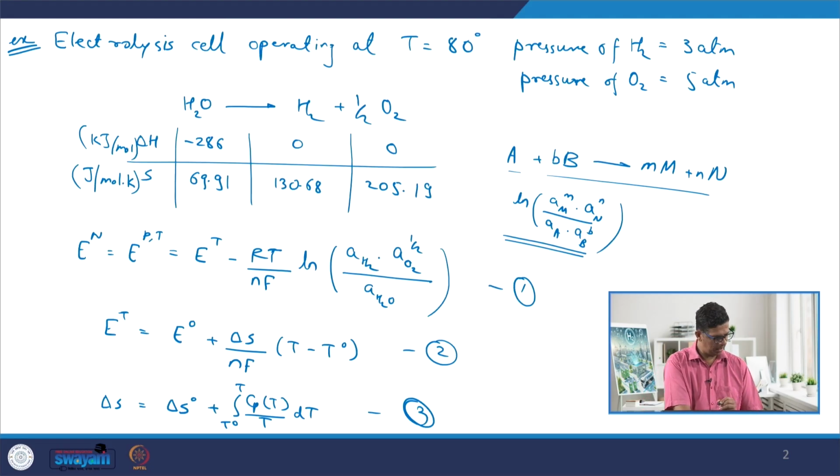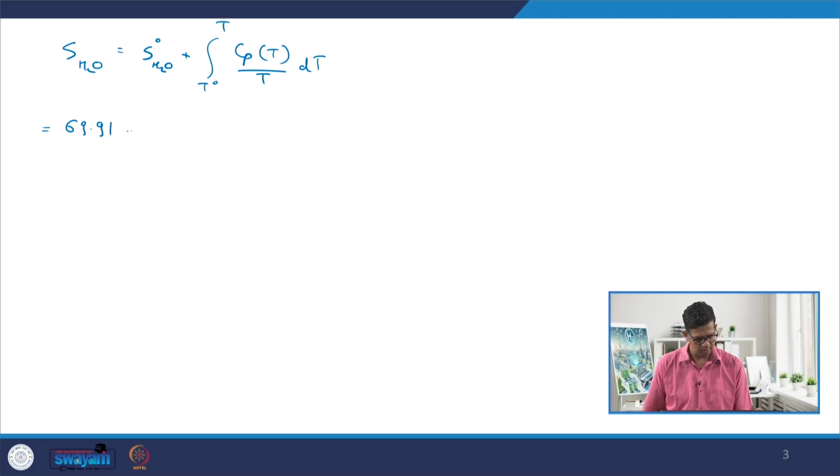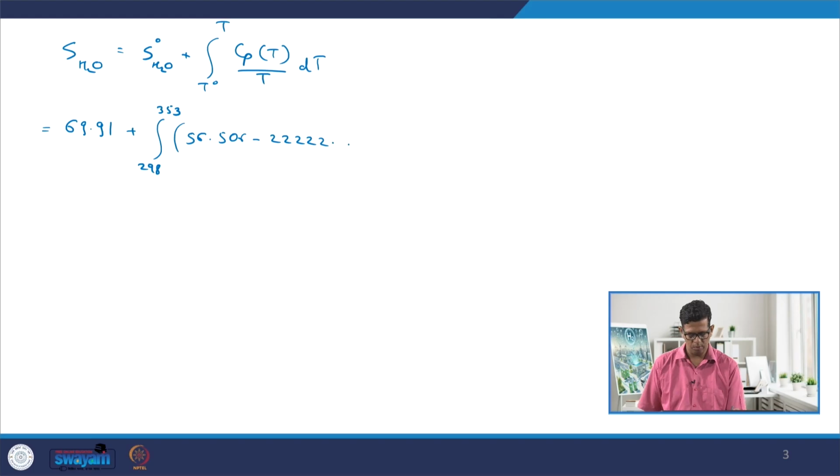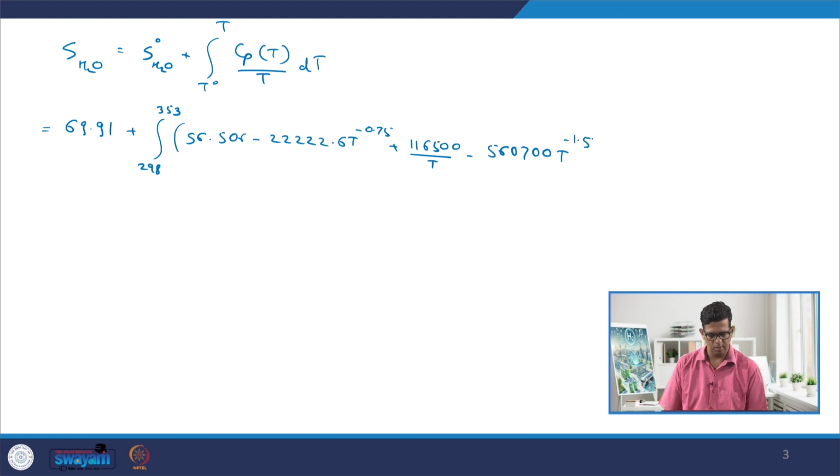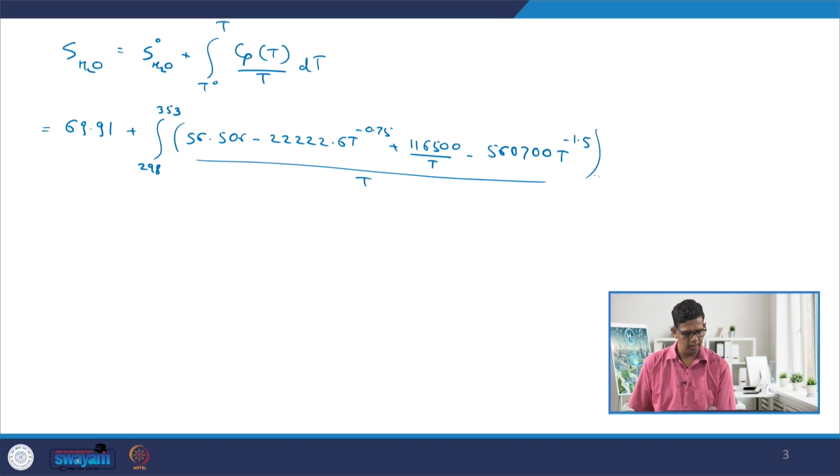Entropy of water is 69.91 plus integration from 298 to 353, and we have to write this Cp, which is 56.506 minus 22,222.6 times T to the power minus 0.75 plus 116,500 by T minus 56,070 times T to the power minus 1.5, by T dT.